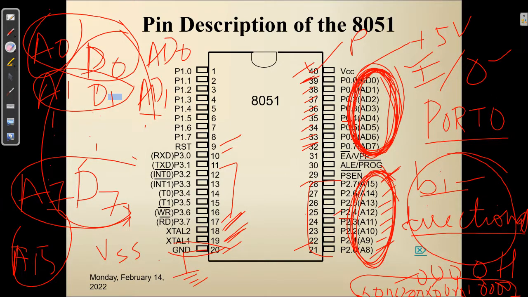You know I can transmit serially from the 8051. If I want to receive serially, you can use pin number 10 for serial reception of the data. If I want to transmit the data serially, I can use pin number 11. You know RxD receives data serially at pin number 10, TxD transmits data serially at pin number 11. Did you understand the alternate function of pin numbers 10 and 11?